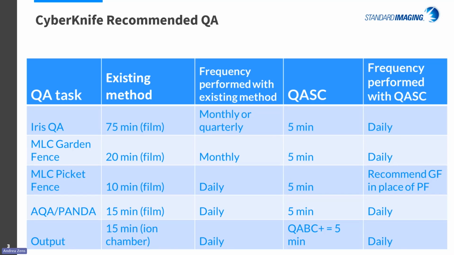Or the MLC garden fence test, which is the only MLC test with recommended test criteria and error thresholds set by Accuray. So why not do that daily instead of settling for a subjective qualitative picket fence test for stereotactic QA? You can easily run both tests if you want to in less time than it takes to do just one with film.